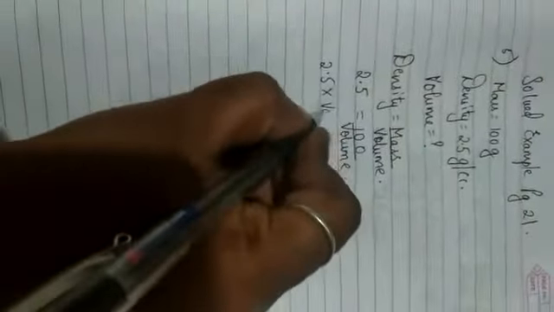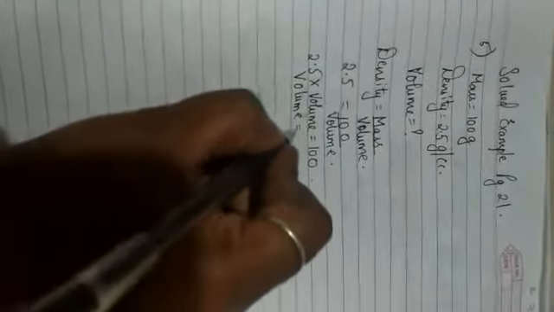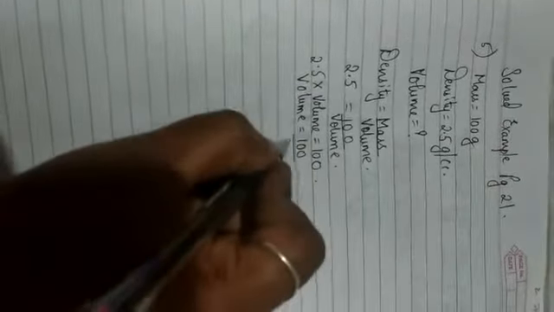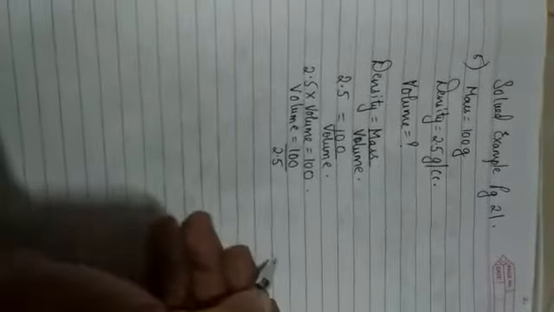So 2.5 multiplied by volume is equal to 100. Okay, now we need volume. So 2.5 is in multiplication, so it will get divided. So volume will be equal to 100 divided by 2.5.